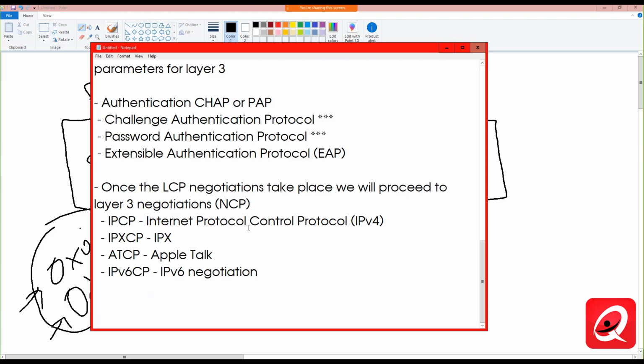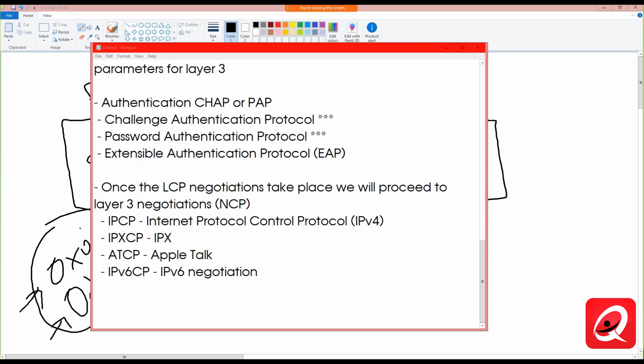All right. So we'll see that actually when you're doing a show interface, and you can see what protocol is being negotiated. Obviously, for the most part, we're going to see IPCP for the network layer negotiations. But PPP allows all kinds of network layer protocols to operate on that communication link.